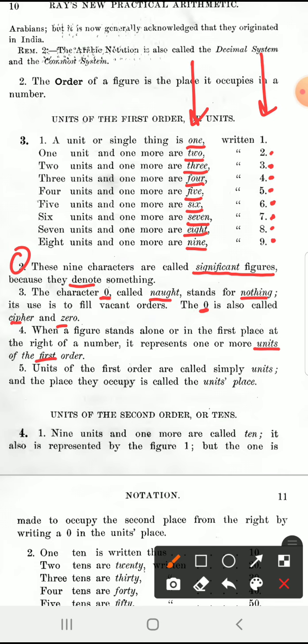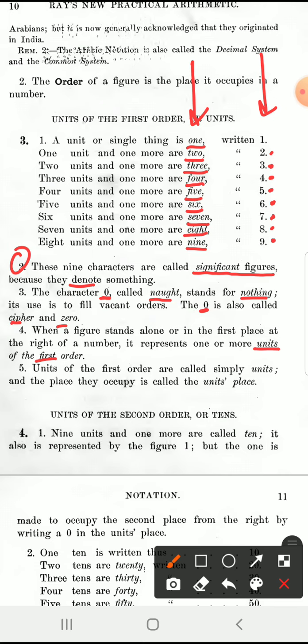Some students still have a difficult time with left and right. Make sure you know which side is the right. When a figure stands alone or in the first place at the right of a number, it represents one or more units of the first order.